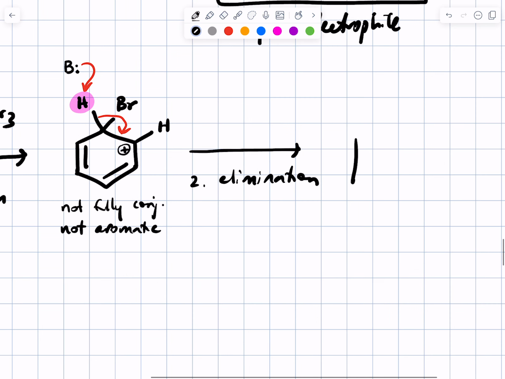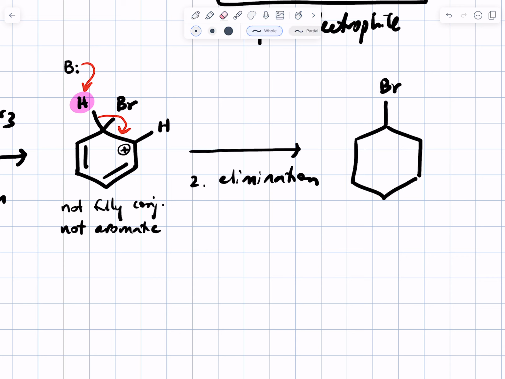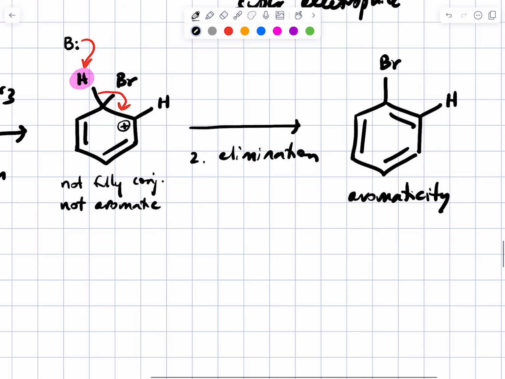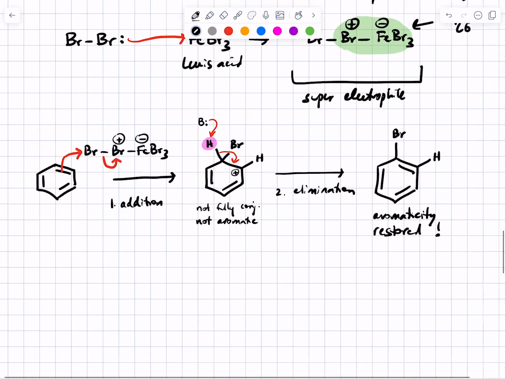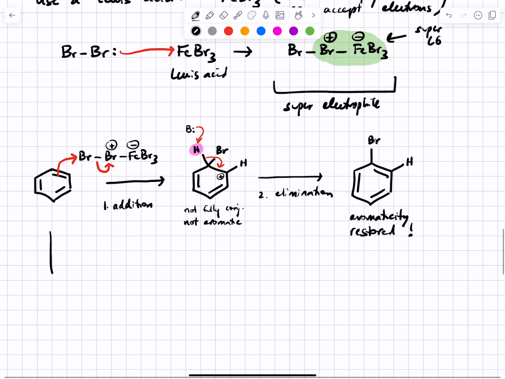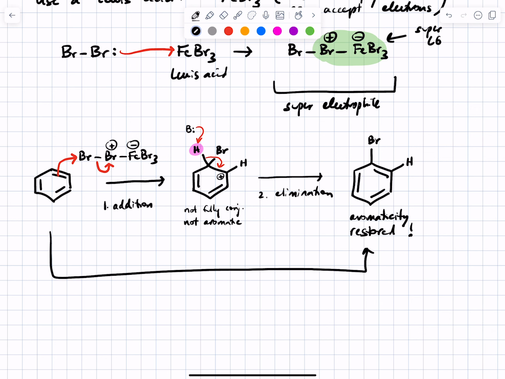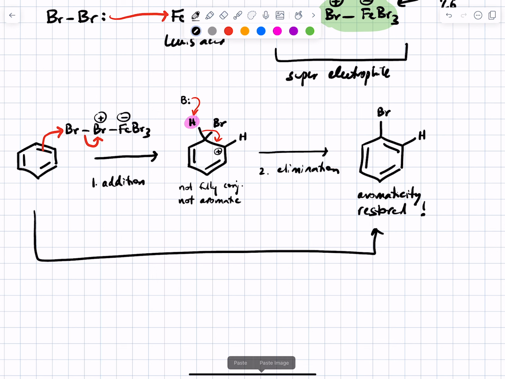When we do that elimination step, we lose the proton, but we restore aromaticity. So that's a drop down in energy quite a bit. Aromaticity restored. And overall, this reaction, these two steps of addition and elimination, are called a substitution reaction.